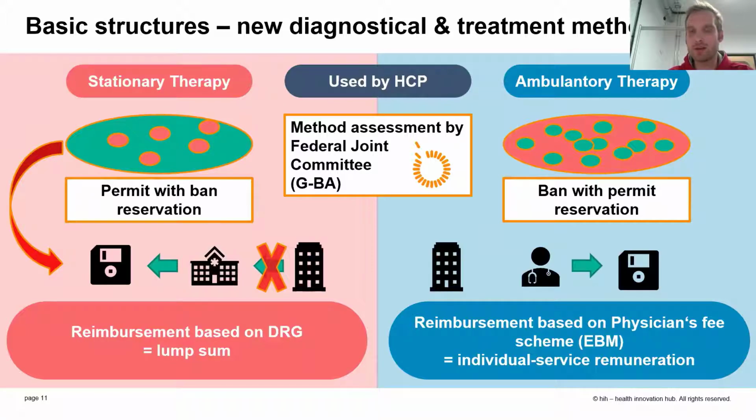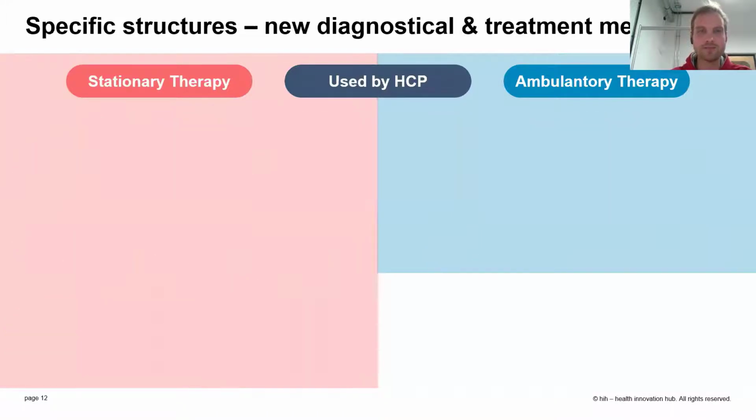In the ambulatory therapy, so in the outpatient setting, it's the other way around. A doctor might buy your software, your medical device, and use it, but he's not getting reimbursed for that as long as there is not a decision by the Joint Federal Committee, the GBA, about this method being acknowledged, especially with regards to its medical benefit.